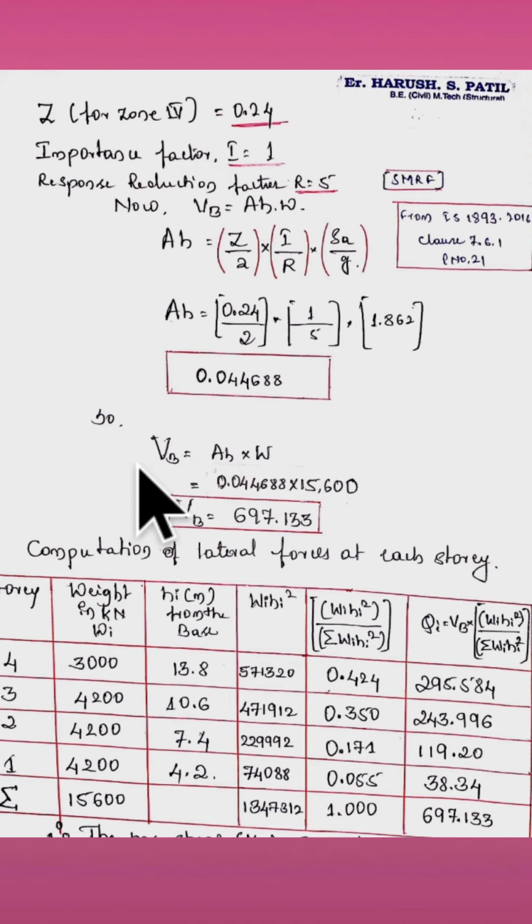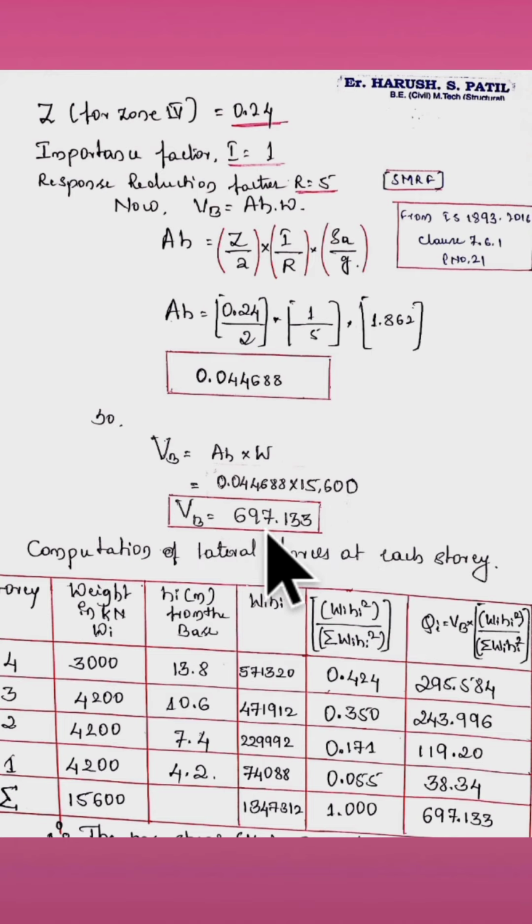Next, VB is equal to AH into W. This is your AH, this coefficient value you can take here, into 15,600, that is the seismic weight of the building.